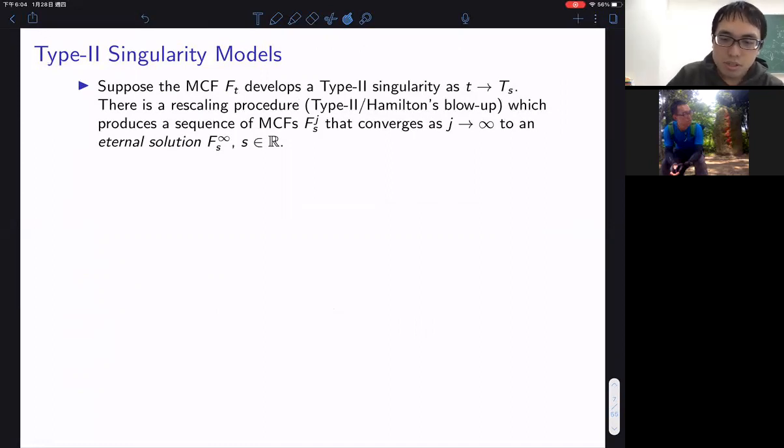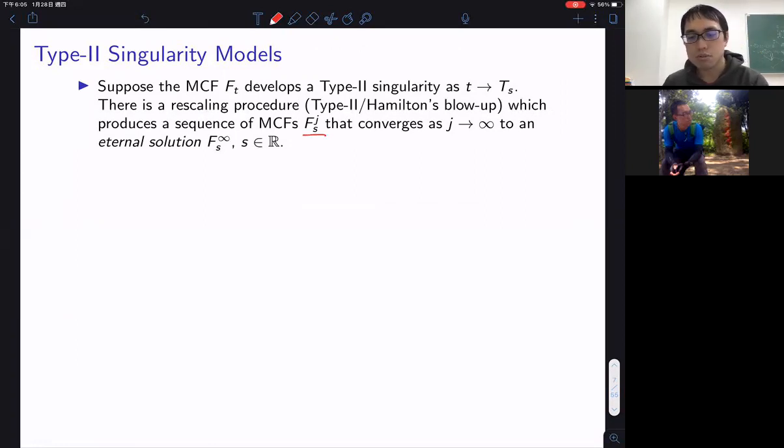There's a rescaling procedure, usually called the type 2 blow up, or if you're familiar with Ricci flow, it is the analog of Hamilton's blow up. Using this rescaling procedure, one produces a sequence of mean curvature flows, which I denote by F_j^s.